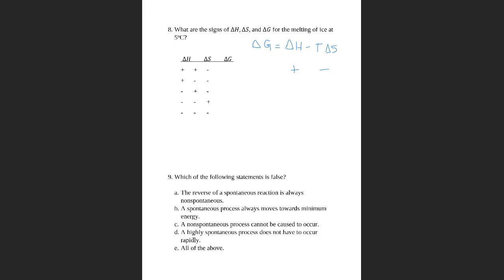I would assume spontaneous. Yes, negative delta G is spontaneous, and a positive delta G is non-spontaneous. Exactly. So you can determine whether delta G is positive or negative just by the fact that it is either a spontaneous or non-spontaneous process.